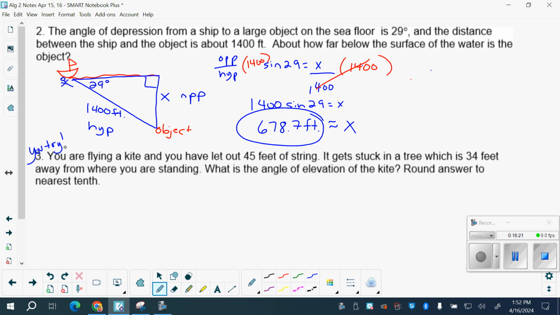Before you draw your tree, your tree is at the top of the tree is where the kite is located. So that kite is up at the top, huh? Right up at the top of that triangle. Yes, it is. Good job.